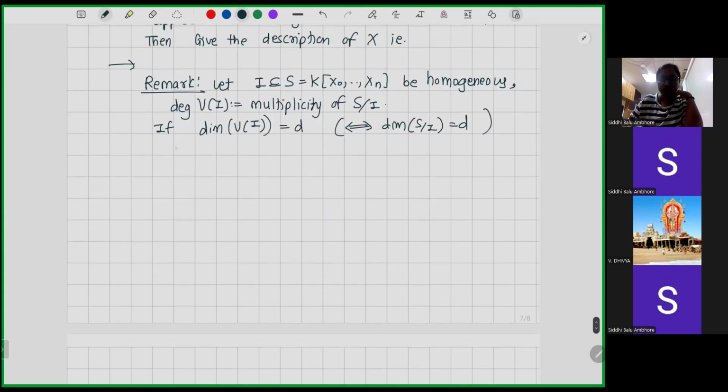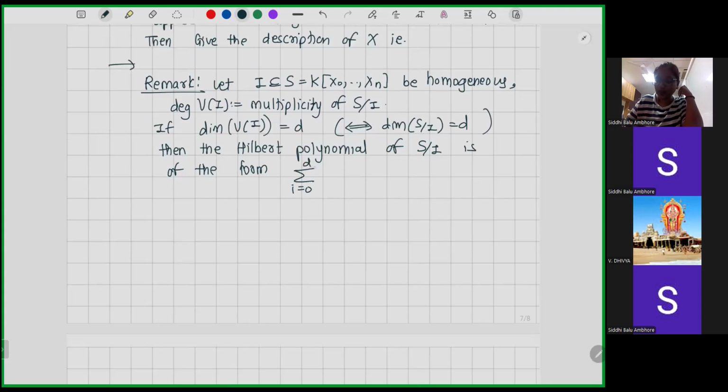Then the Hilbert polynomial of S/I is of the form the summation i from 0 to d of e_i P_i, where e_d is greater than 0, and this e_d is actually the degree of this variety. So this is anyway given in the lectures.